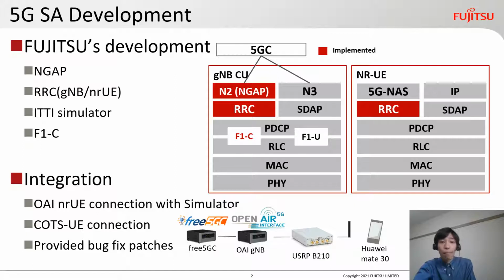After we merged the code that was developed by the other standalone developers, we at Fujitsu had validation tests of OAI with OAI New Radio UE plus COTS UE. All issues found in these validation tests have been shared among standalone developers.